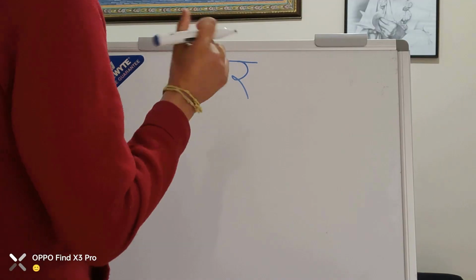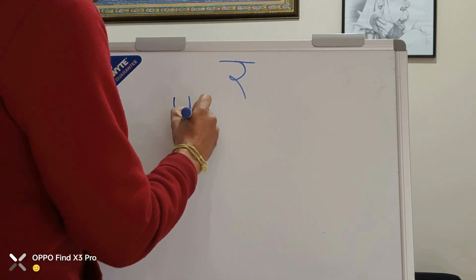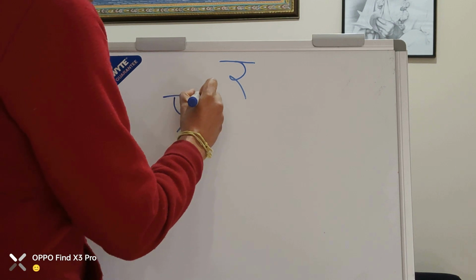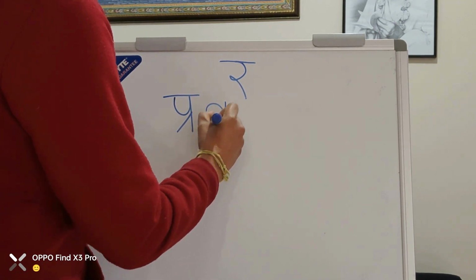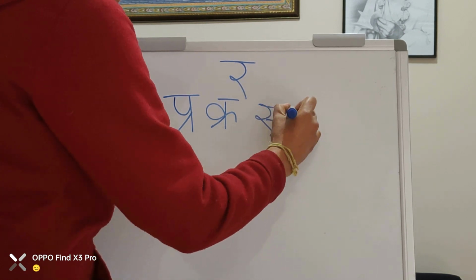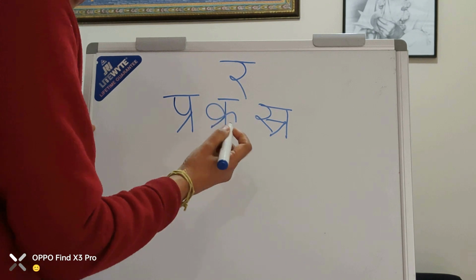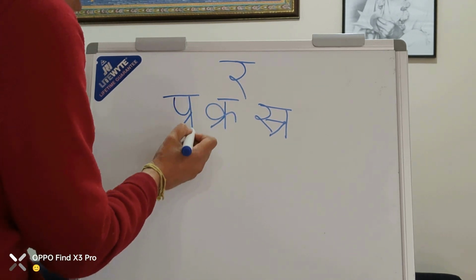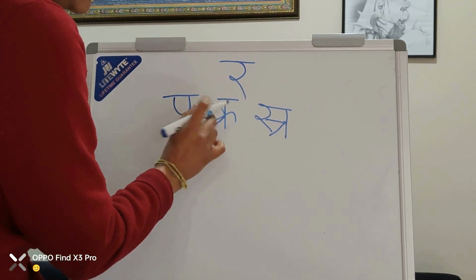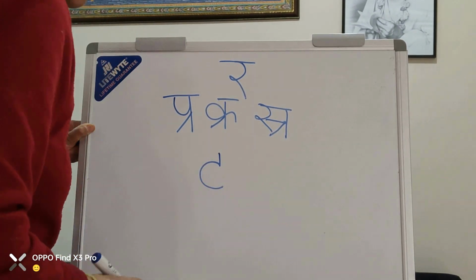Alright? Okay. So remember we said if it is pra, it is the full p and a line like that. Kra, like that. Yeah? Sra, like that. But now what you're actually seeing here is that all these alphabets have a line, and so this r is sticking to that line, right? Now here, ta, where is the line?